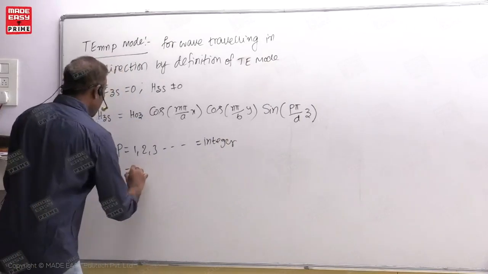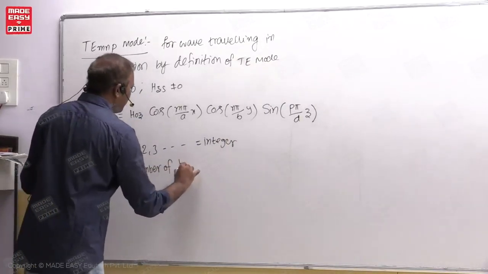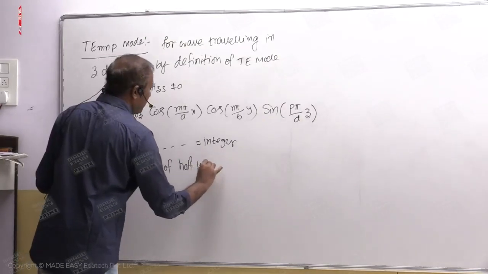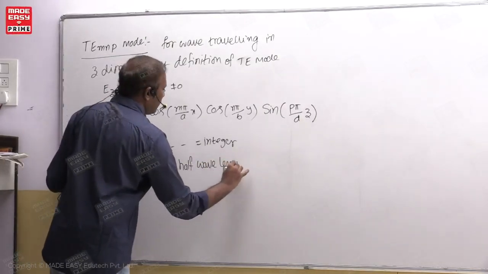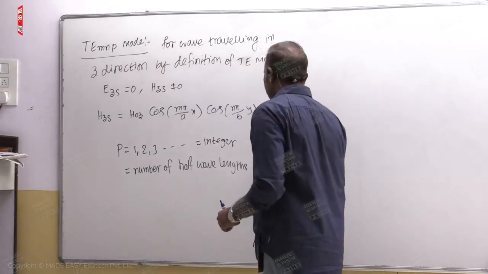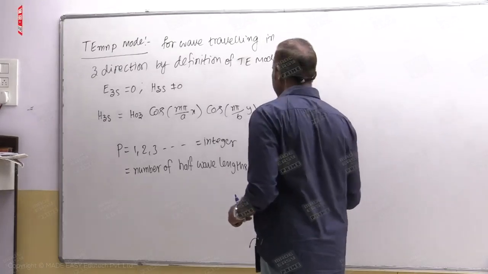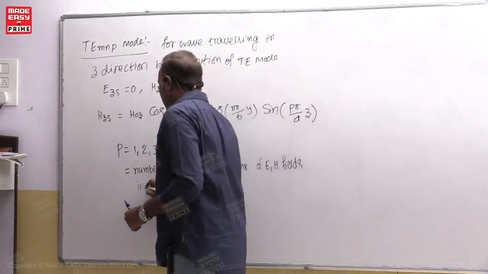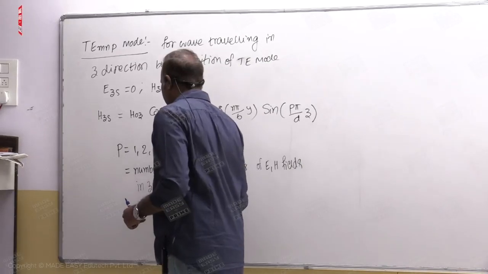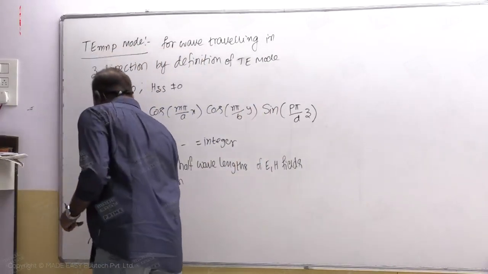The physical meaning is number of half wavelengths of E, H fields in Z direction, because 0 is not permitted here.